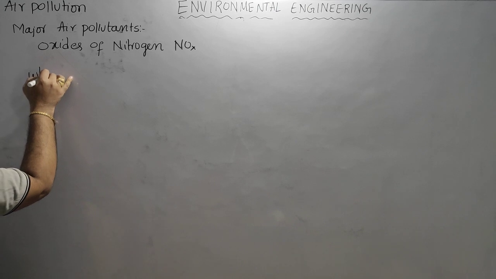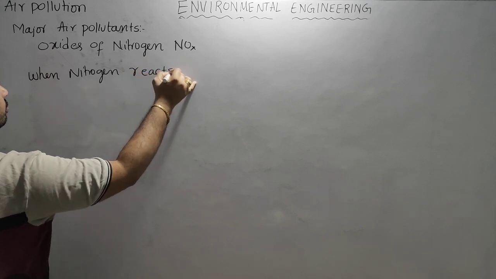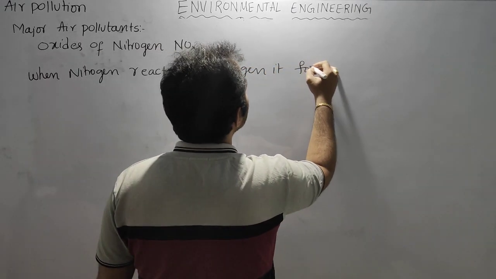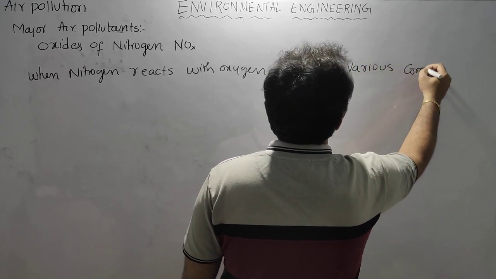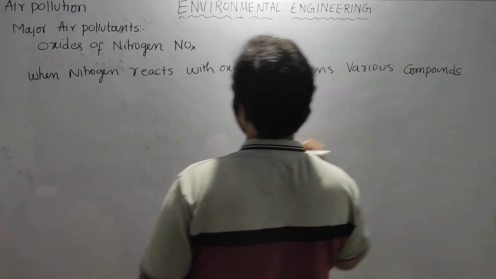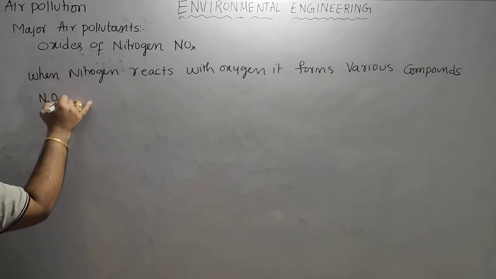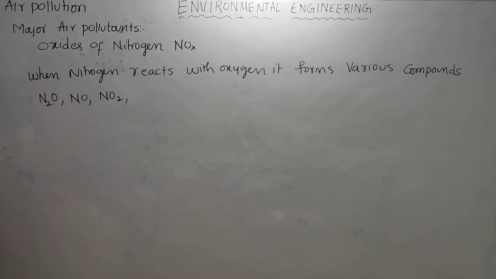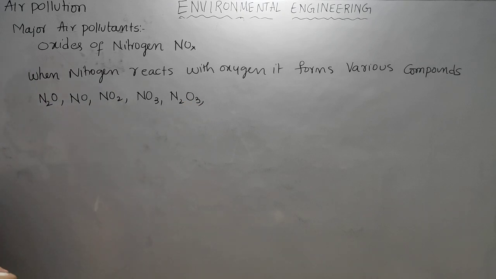When nitrogen reacts with oxygen, it forms various compounds, such as N2O, NO, NO2, NO3, N2O3, N2O4 and N2O5.